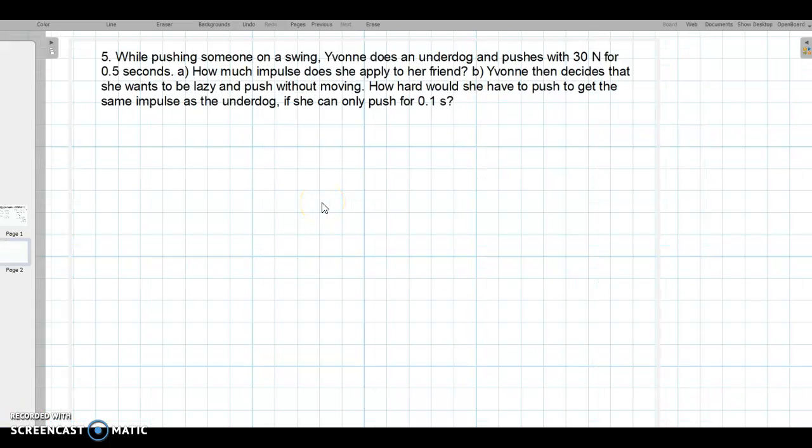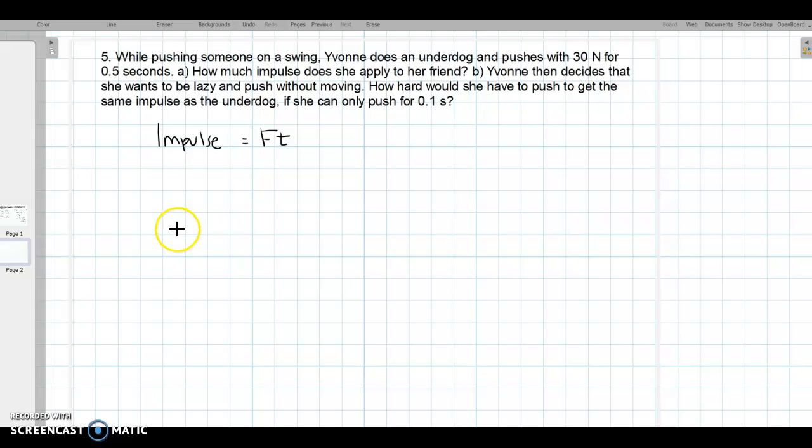Okay, so moving on to our next example, this is going to talk about impulse. And just to refresh your memory, impulse is equal to your force times time. While pushing someone on a swing, Yvonne does an underdog and pushes with 30 newtons for 0.5 seconds. How much impulse does she apply to her friend?